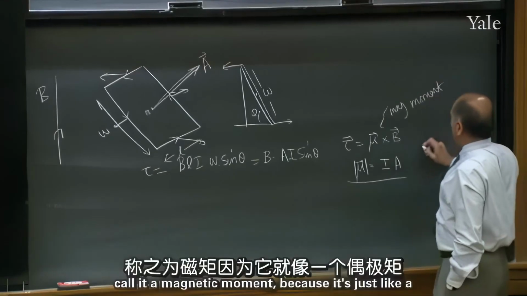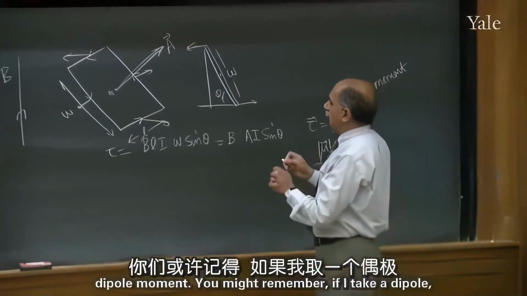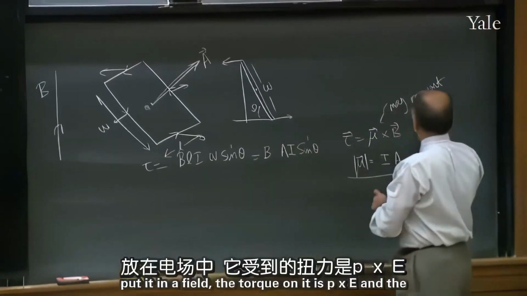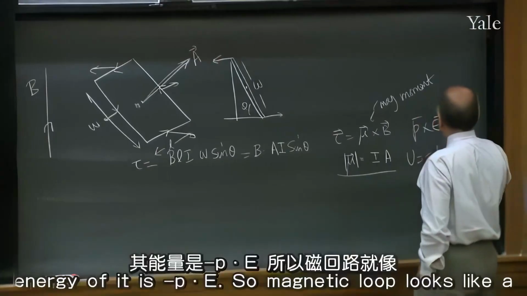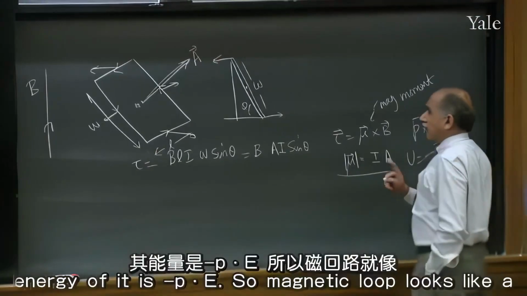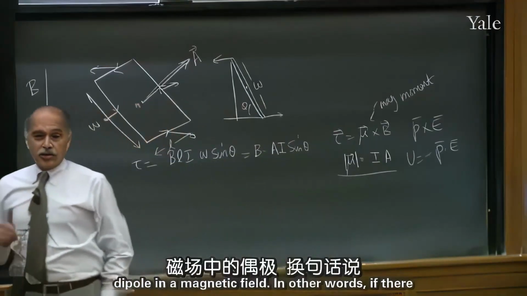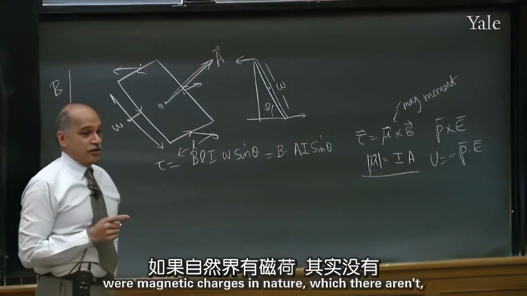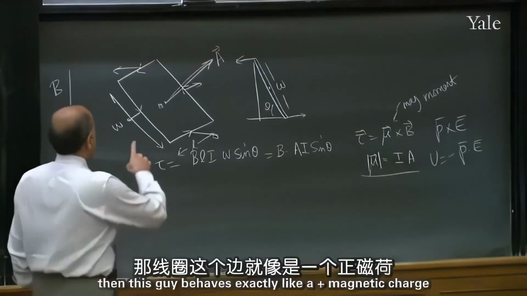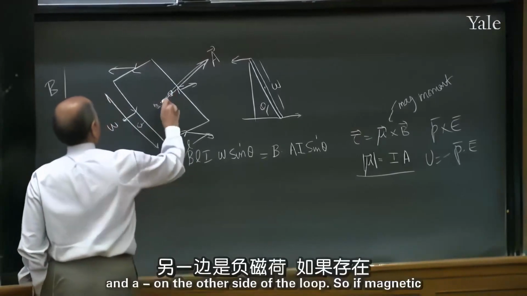You call it a magnetic moment because it's just like a dipole moment. You might remember if I take a dipole and put it in a field, the torque on it is P cross E, and the energy of it is minus P dot E. So a magnetic loop looks like a dipole in a magnetic field. In other words, if there were magnetic charges in nature, which there aren't, then this loop behaves precisely like a plus magnetic charge and a minus on the other side of the loop.